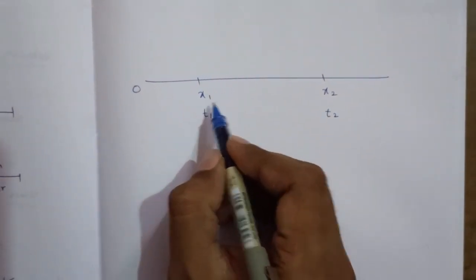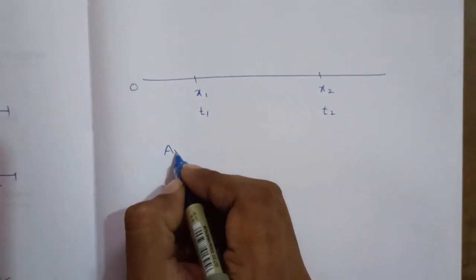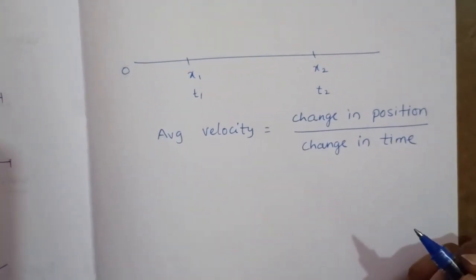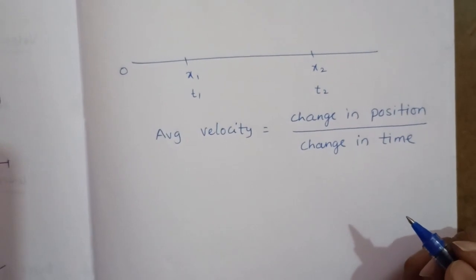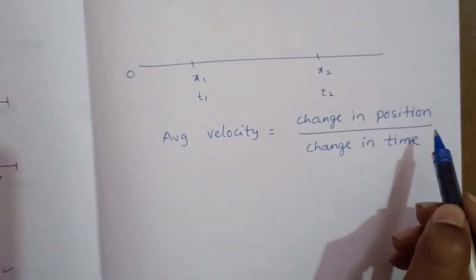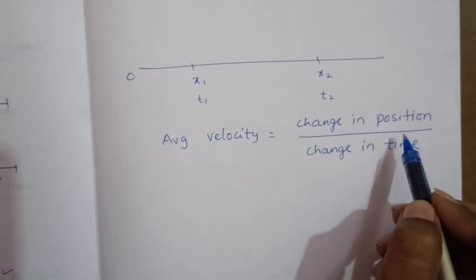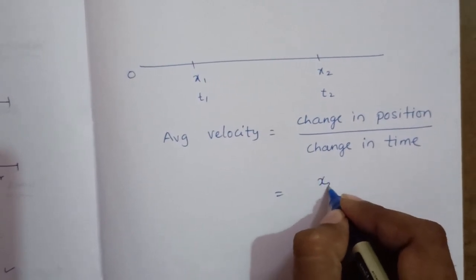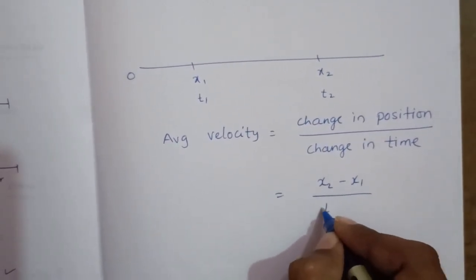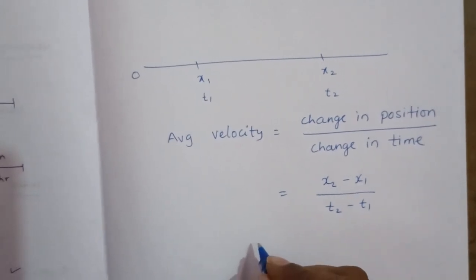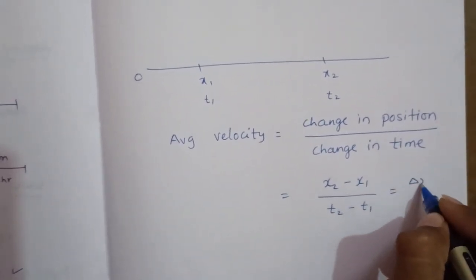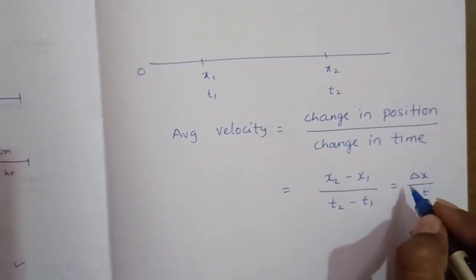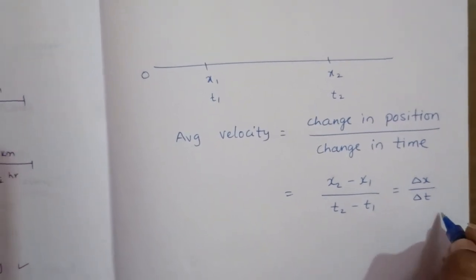So average velocity is equal to change in position by change in time taken. Now, what is the change in position? Final position minus initial position, divided by final time minus initial time. So this can be represented as delta x by delta t, where delta is the change in displacement or position by the change in time taken.